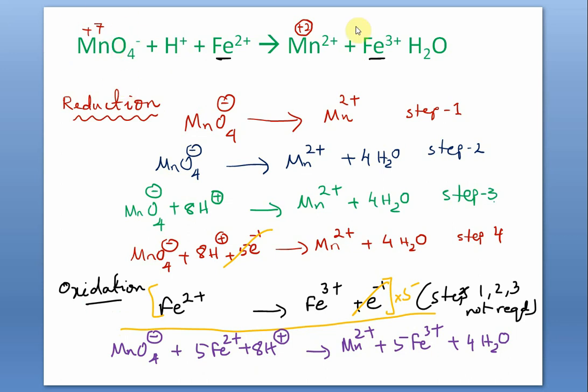Permanganate ion has been reduced to manganese ion. You can mentally calculate the oxidation number to ensure that reduction has happened. Manganese in the permanganate ion is in the +7 state, and in the manganese ion it is +2. So here is the reduction.